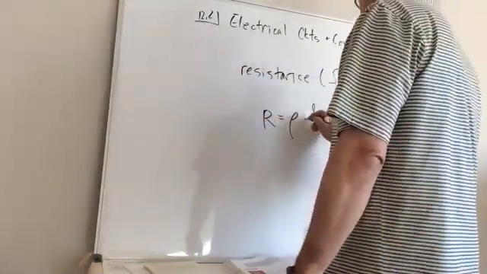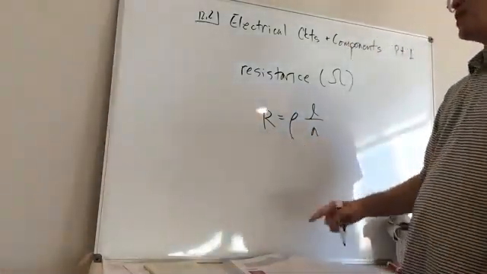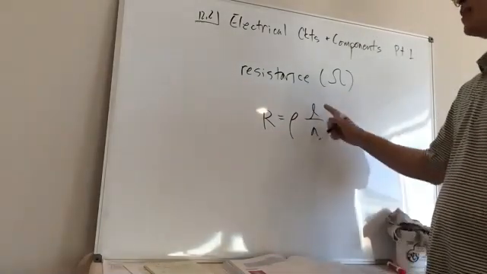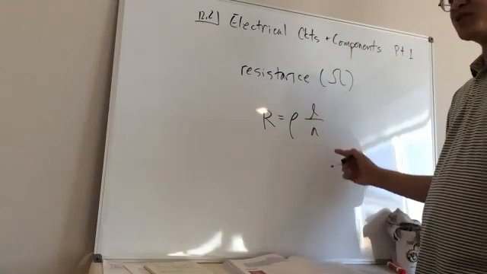If you go to page 407, there is an equation there where resistance is resistivity times the length divided by the cross-sectional area.